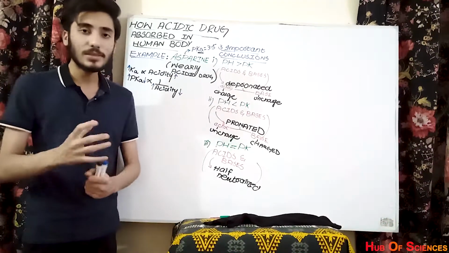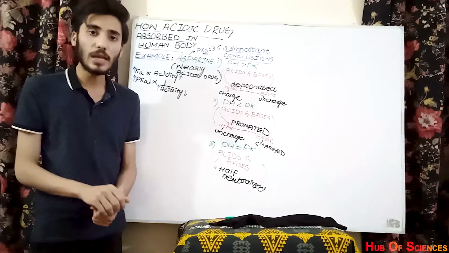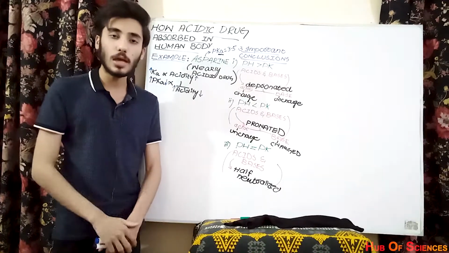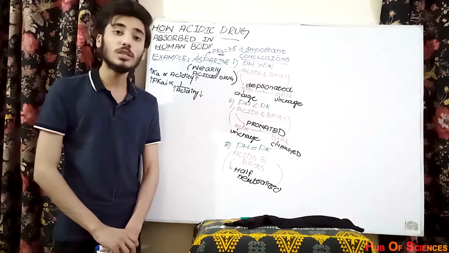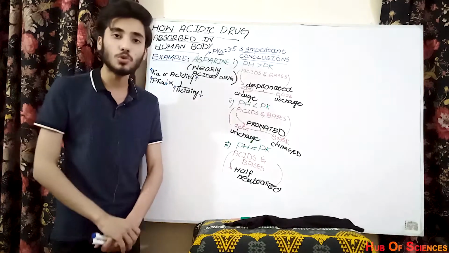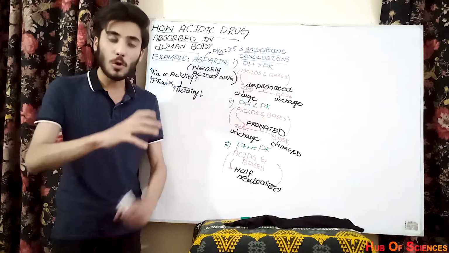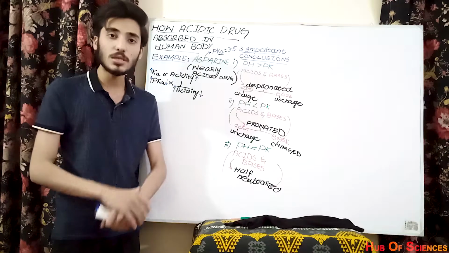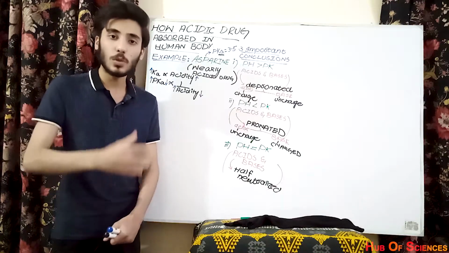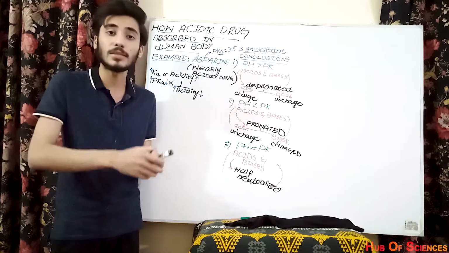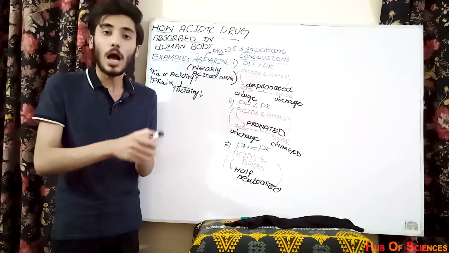Now if a person swallows an aspirin drug, what happens? How is this aspirin absorbed in the body, and how does it reach the target tissue where it functions? When we swallow an aspirin, it goes into the stomach. From the stomach it crosses the membrane, and we will study how it crosses the membrane.